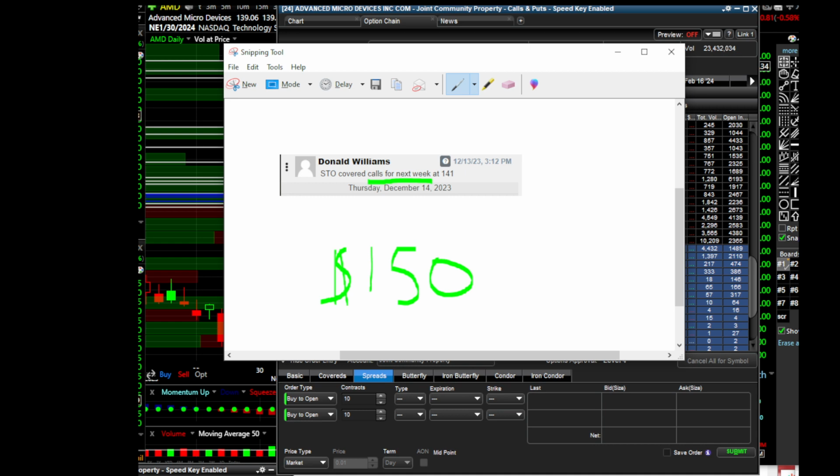Yeah, exactly, Hankus. I must sell him those at 141. Right? So how much money would the buyer of this option make on just one contract, right?